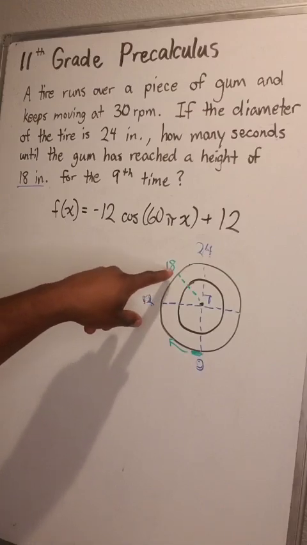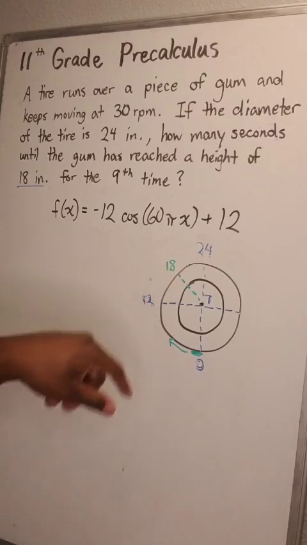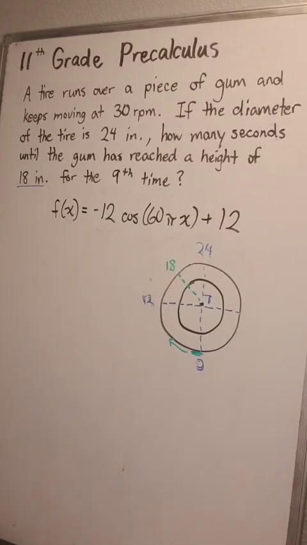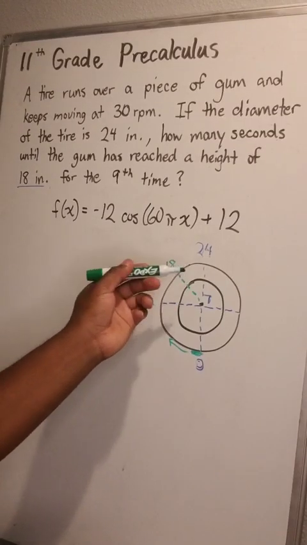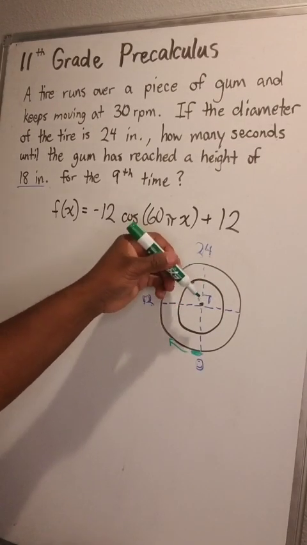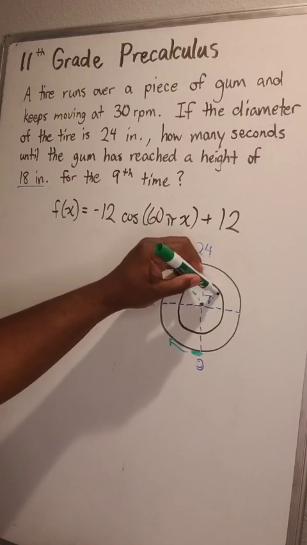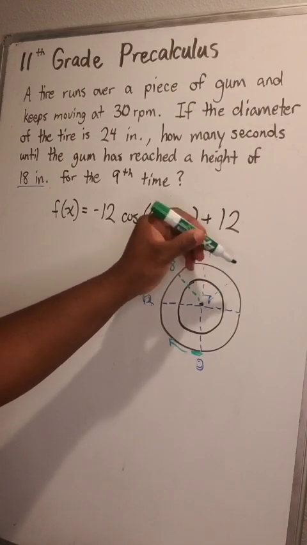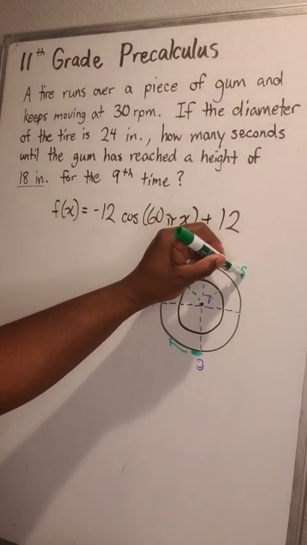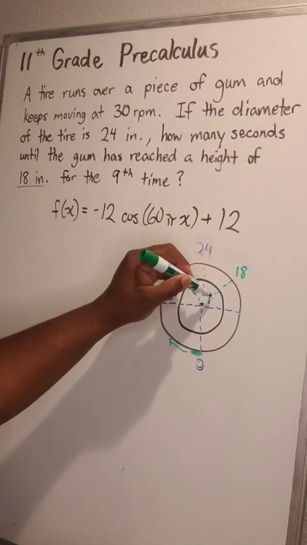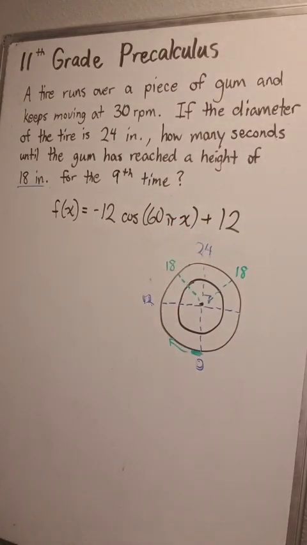So we see that when the gum reaches this point, it will be at a height of 18 inches. But we also have to remember that this is a circle, so it's going to be coming back down, and the gum will also reach a height of 18 inches over here on the other side as well.